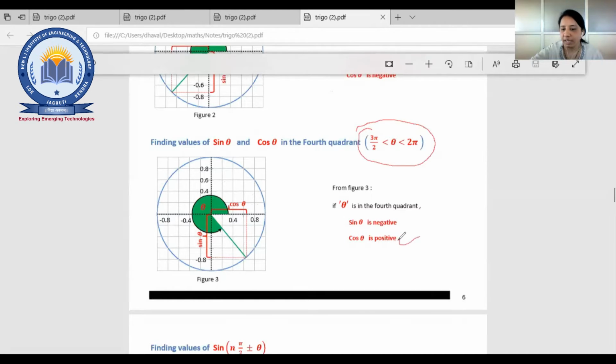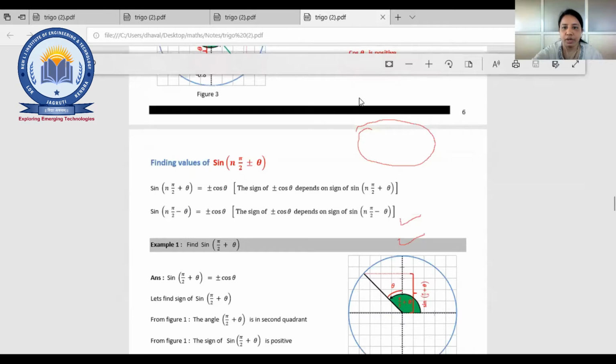So cos theta is positive and sine theta is negative. Okay, clear everyone? That is whether sine theta and cos theta are positive or negative in each quadrant. Fine. Okay.